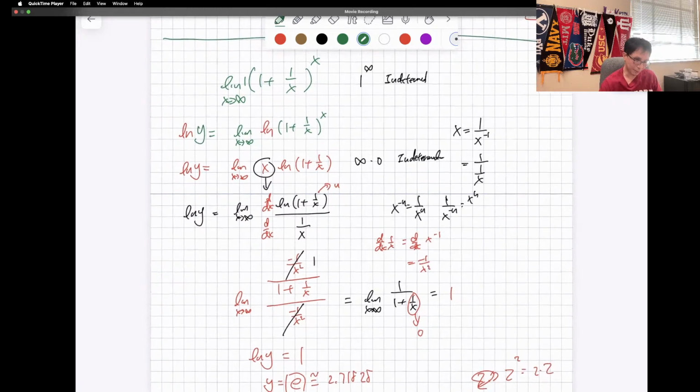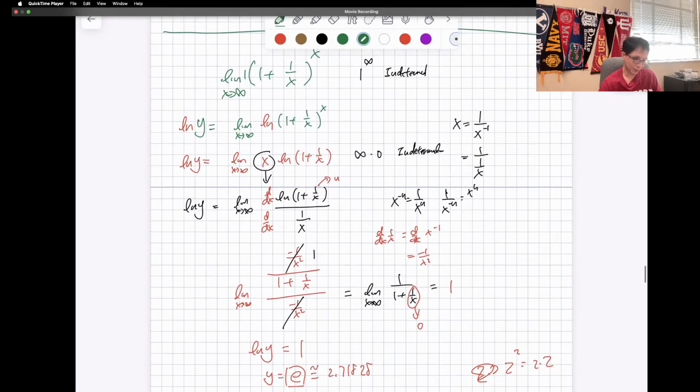So this is a proof of that. If you want to take a picture, you can, but this is something you're able to do from before. But some people on the competition just memorize it because that's the definition of Euler's number.